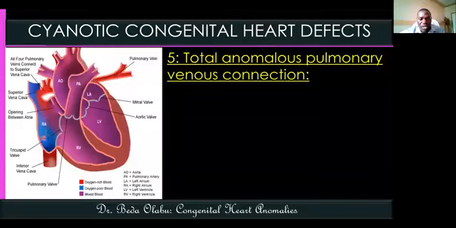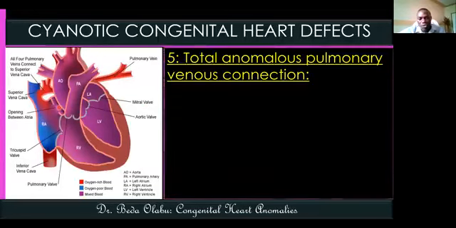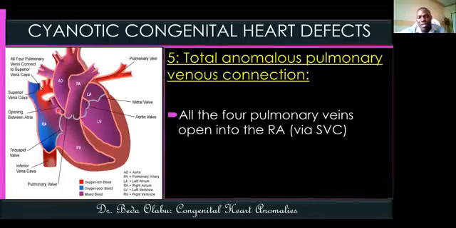Even the deoxygenated blood will now move to the left atrium, and that is what will give you the right to left shunting. The deoxygenated stream, which is from the brain or from the lower limbs, will now enter through the foramen ovale to the left atrium. So in total anomalous pulmonary venous connection, all the 4 pulmonary veins fail to empty into the left atrium.